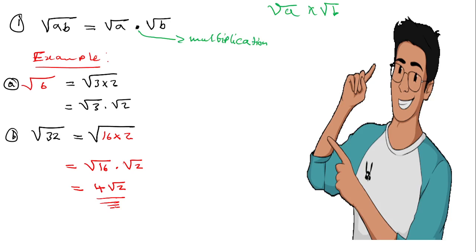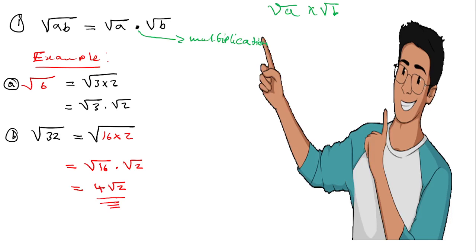Okay, if you remember very well, when I defined surds, I stated that the reason why we leave numbers in the root is because we want to have the exact value. The exact value of square root 16 is 4. It's not a decimal, it is exactly 4.